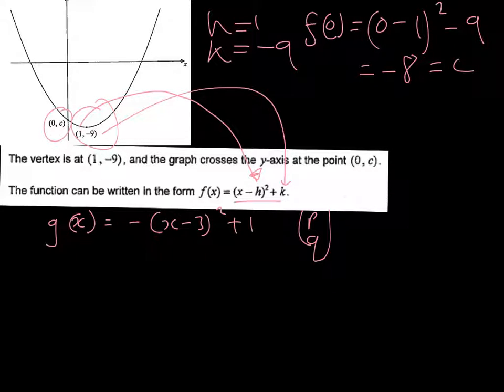So first of all, we can look at the reflection. It's going to be doing something like this. If we reflect it in the x-axis, the vertex here is going to be (1, 9).